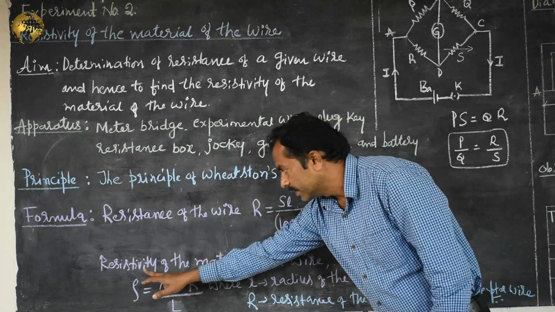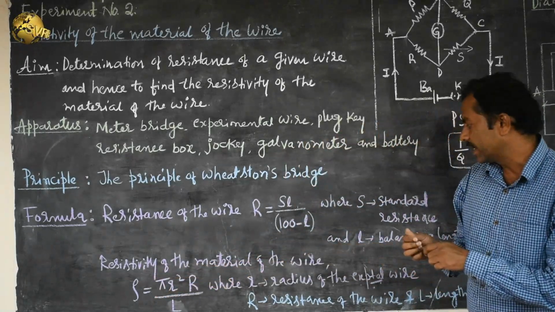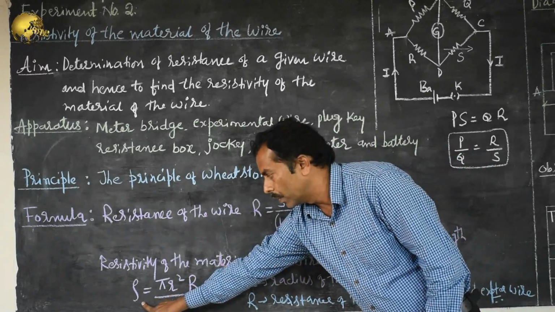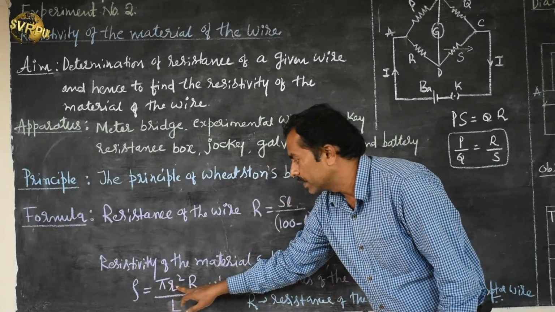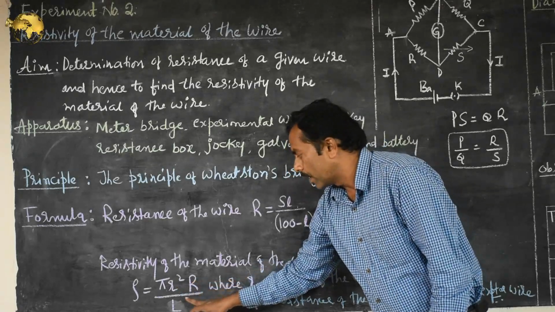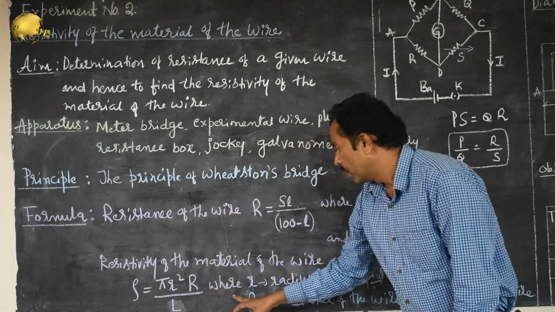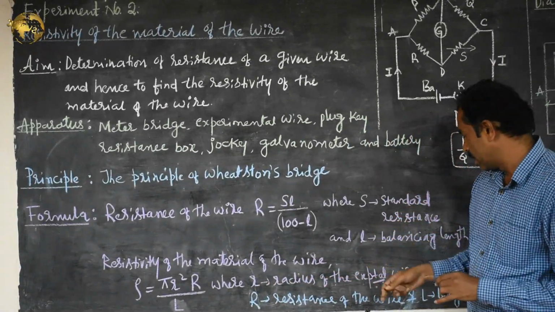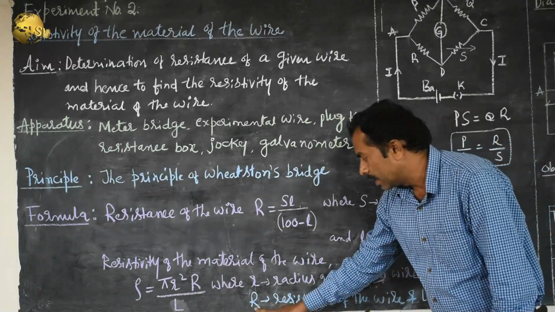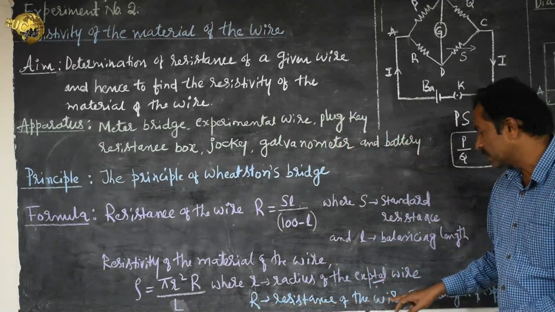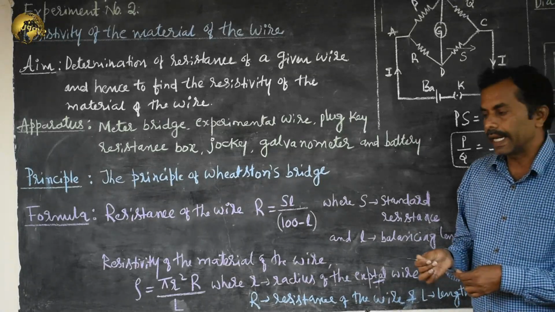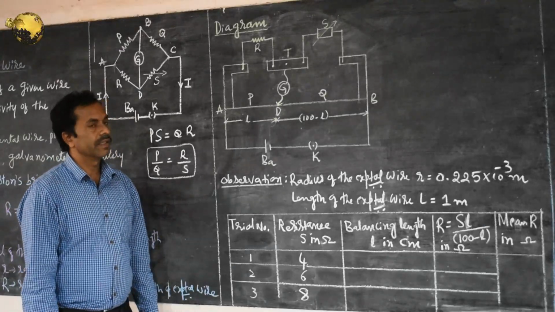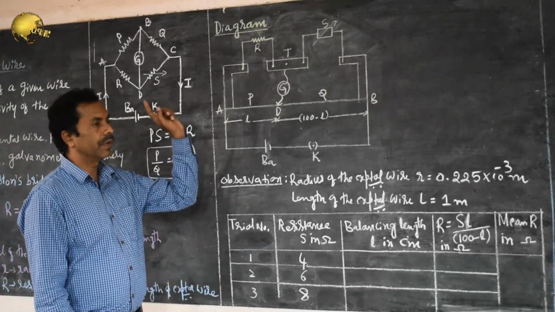And second one, the resistivity of the material of this wire can be calculated by using the formula resistivity rho equals pi into small r square into capital R divided by capital L, where small r is the radius of this experimental wire in meter and R is the resistance of the wire which is calculated through the experiment. Students, let us have a look at the circuit diagram.